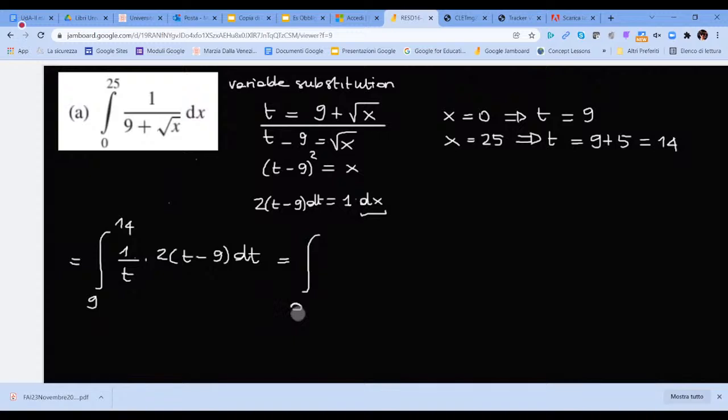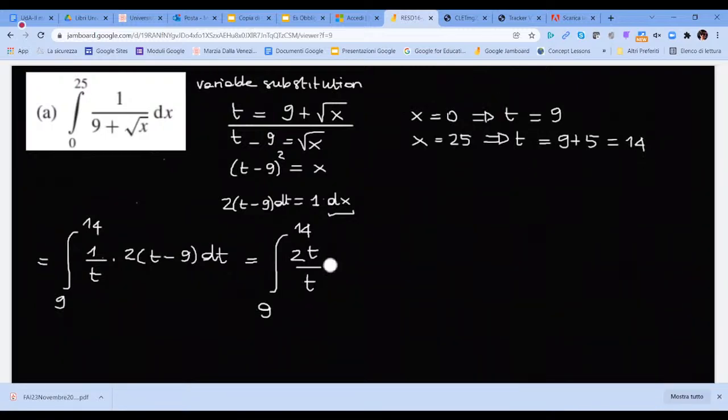And we can split the integral, because we have 2t minus 2 times 9, and we can write every fraction with its denominator, and so we have minus 9 over t, 2 times 9 is 18 in dt.